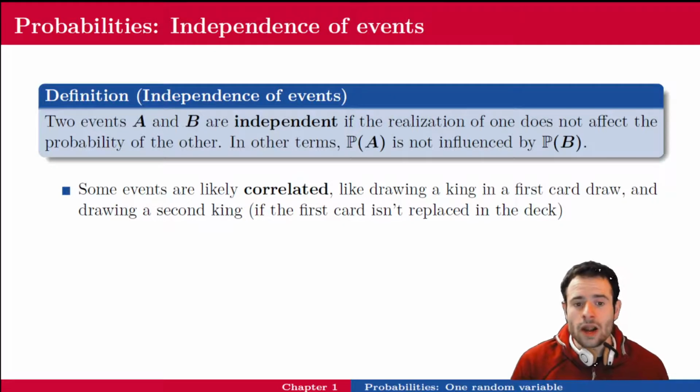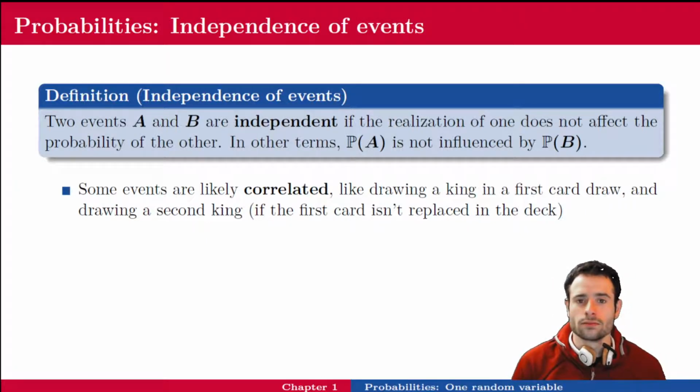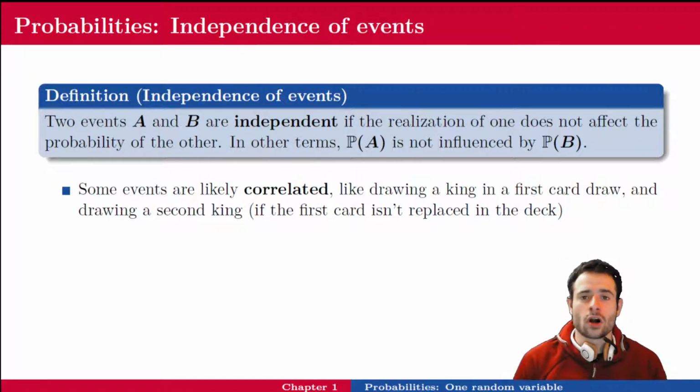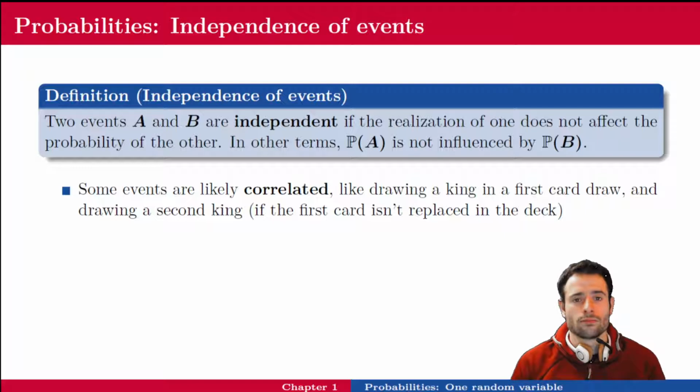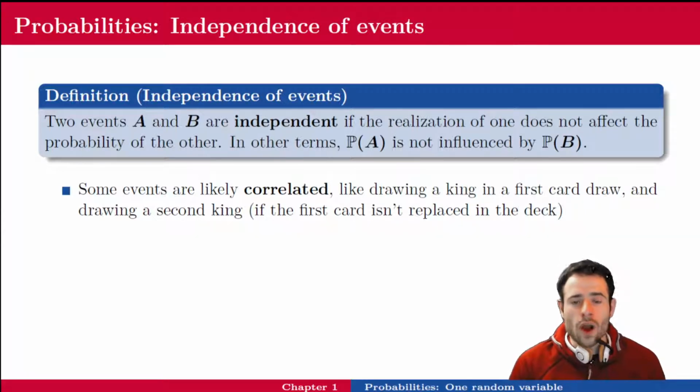Some events are likely correlated, like drawing a king in a first card draw and drawing a second king. If you do not replace the first card in the deck, this will affect the probability of getting another king, because now you only have 51 cards to draw from. But if you think about throwing a coin twice in a row, well, the second throw will have absolutely no correlation with the first throw.